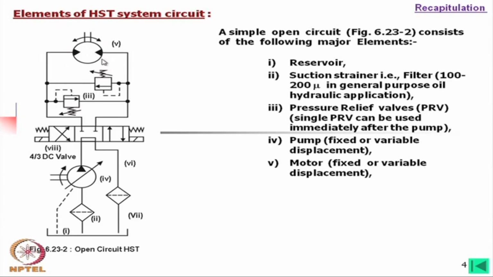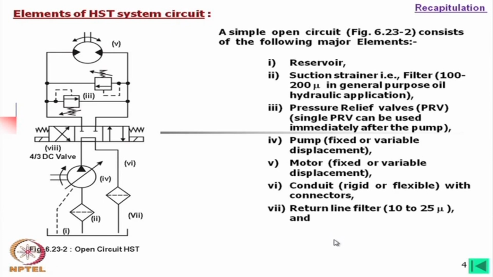This one may be fixed or variable. That means that swept volume may be fixed or may be varying. Now, this conduit etc. means this piping, this may be rigid as well as flexible.